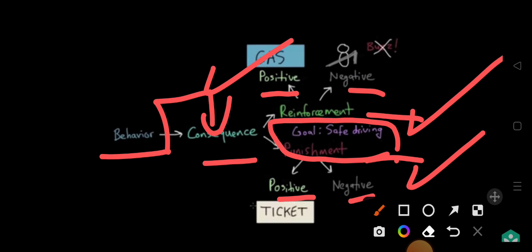For negative reinforcement, consider the seat belt. In some cars, when you don't put the seat belt on, it keeps buzzing. It's very annoying, so to stop this buzzing you have to put the seat belt on for your safe driving.